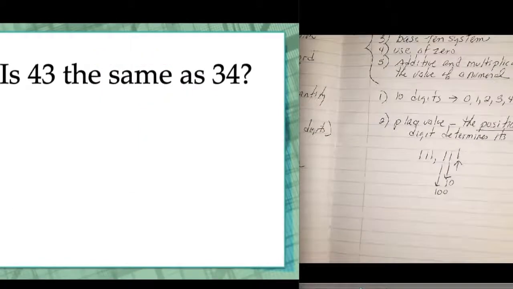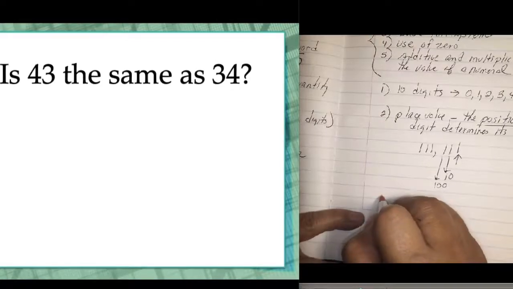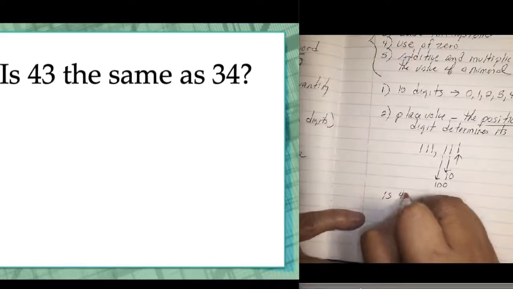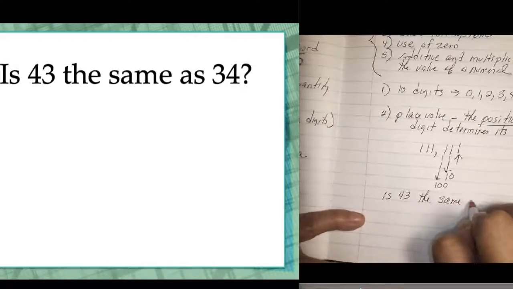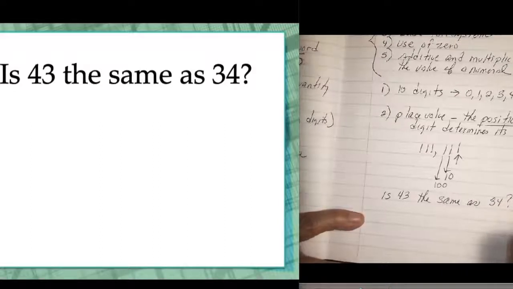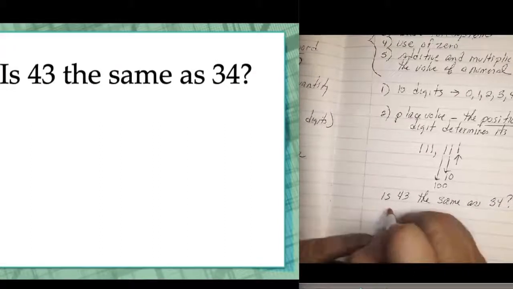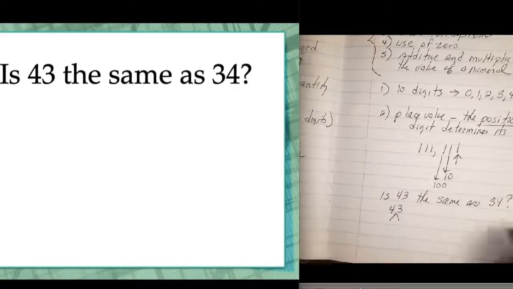Okay, so let's look at this question. Is 43 the same as 34? No. But how do we go about explaining that? And we know no. So let's go ahead and decompose. Now the term decompose means to break apart.